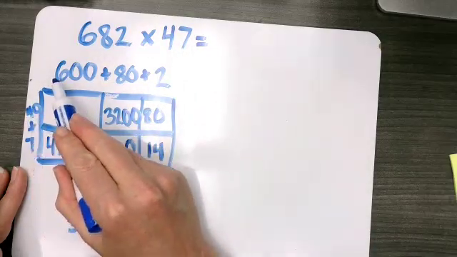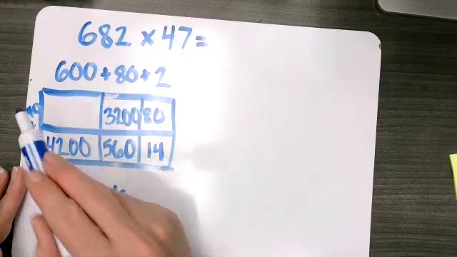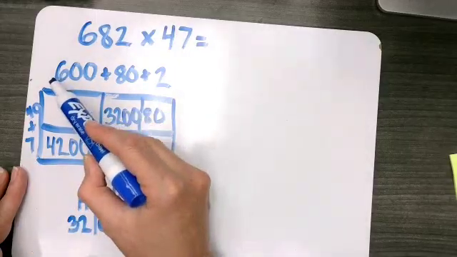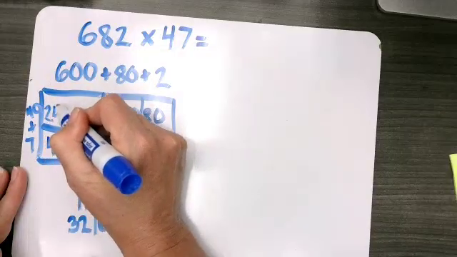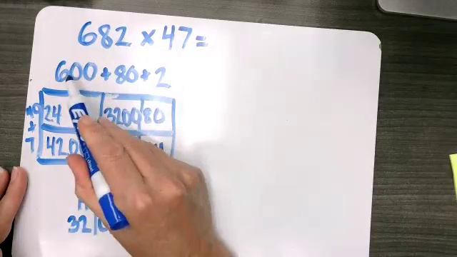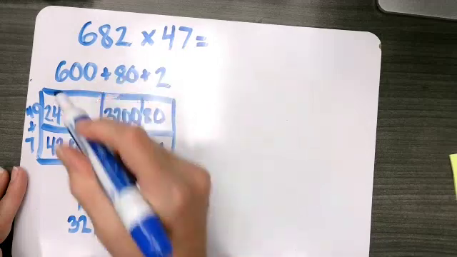And this one is 600 times 40, which is like saying 6 times 4 is 24, but we have 100 times 10, which is 1,000.